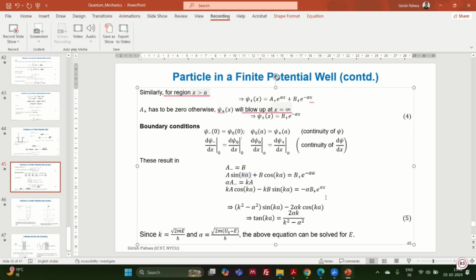So what you can do from these: A minus equals B. So where does A minus appear apart from this? So this has to be, okay, B plus, somewhere here, right? So A minus equal to B, so B you can calculate.